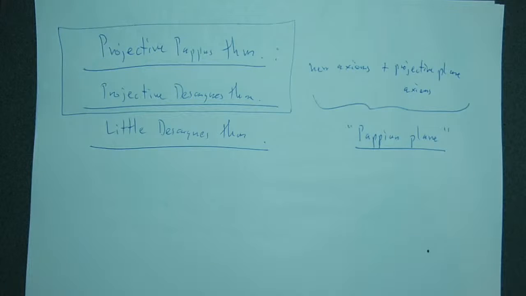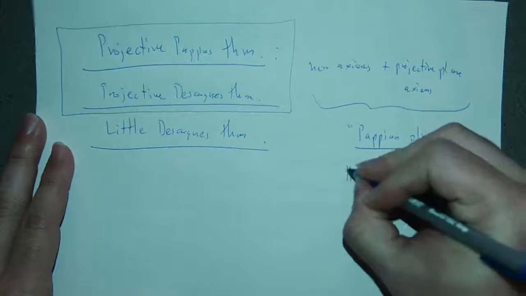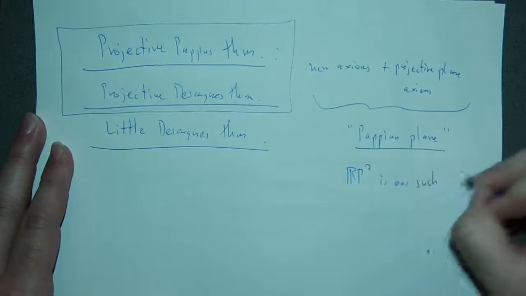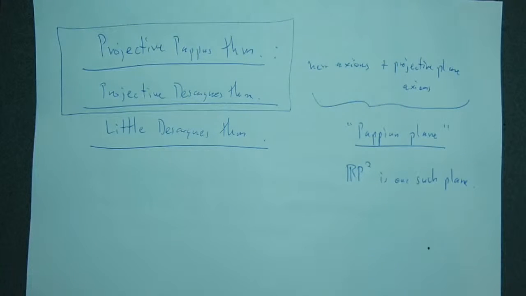So what's an example of a Pappian plane? RP2. RP2 is one such plane. And this quest that we're on to put coordinates on our space is going to be successful for RP2 because it is the right kind of plane.